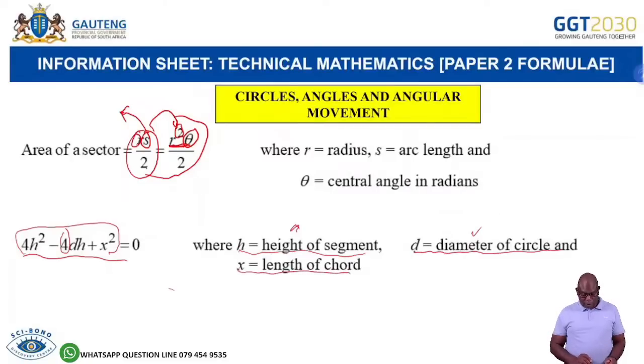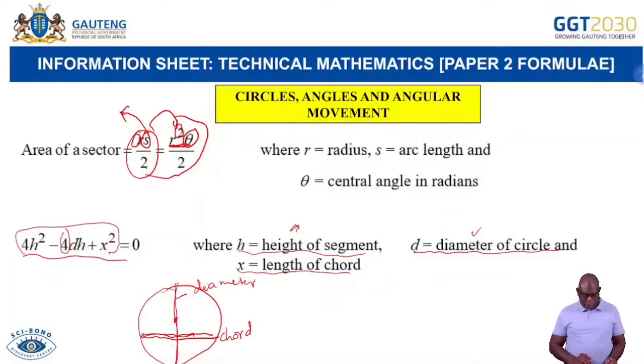So in other words, I'll have something like this with a circle. This one is the center. This one here is a chord, and this one here is a diameter. Okay, that is a chord, that is a diameter.